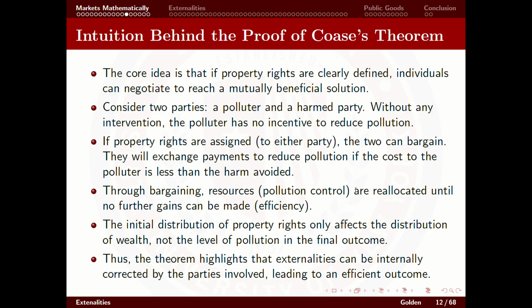You're always going to end up with the correct amount of the negative externality, because you've internalized the externality. And that's something I want you to really understand: this section of the course is going to be about how to internalize the externality, make the costs or the benefits clear to all parties.